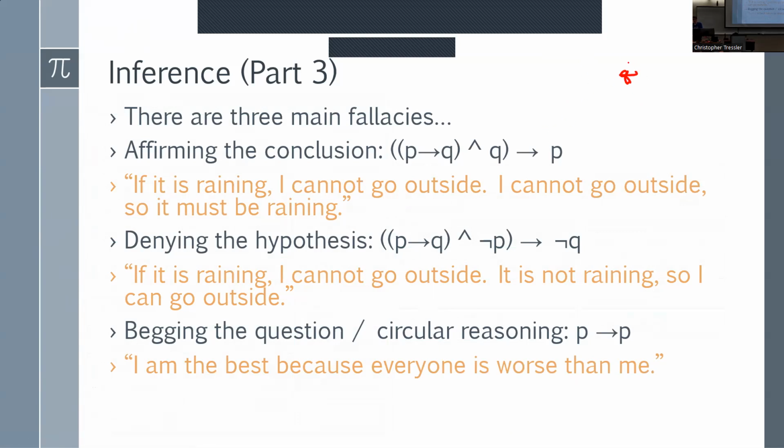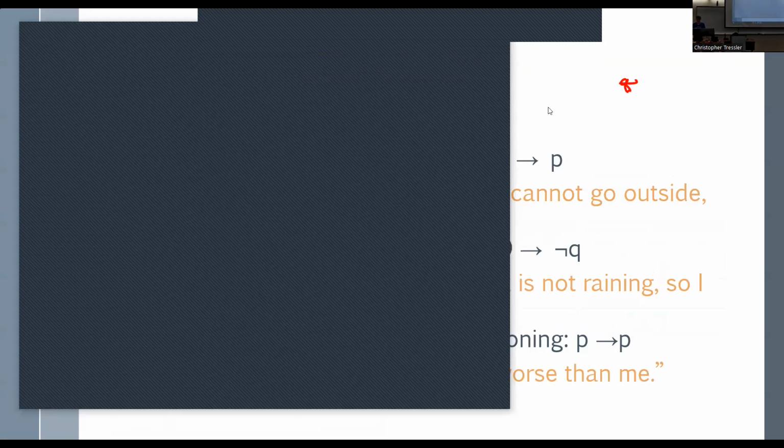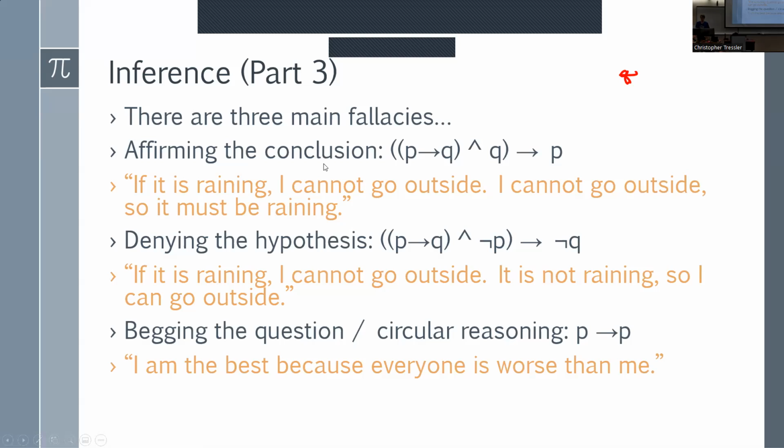If we know that Q is true, and we know that P implies Q, then we cannot conclude that P is also true. Because remember, P could be false, and no matter what, P implies Q is going to be true. So just because we know that Q is true, we cannot say P.